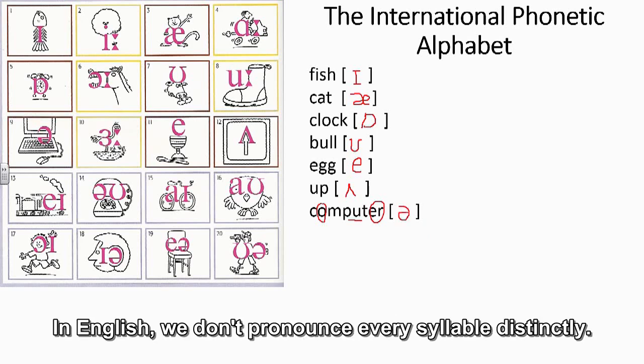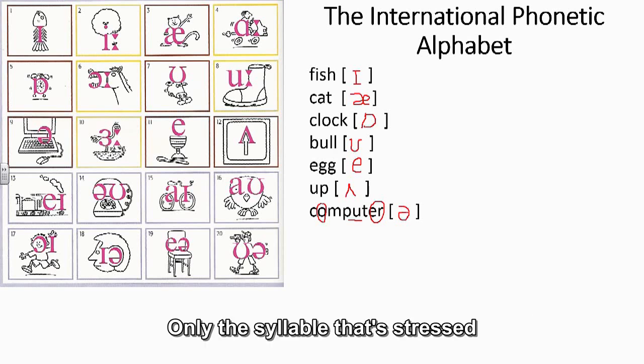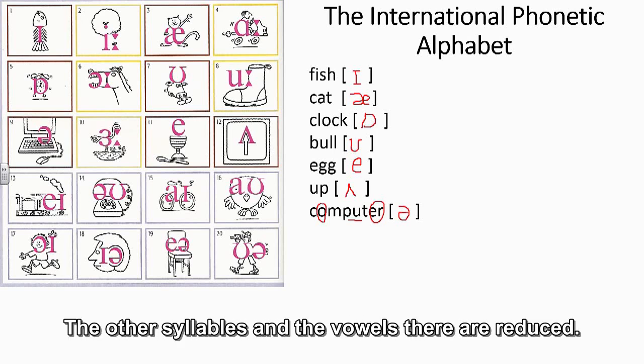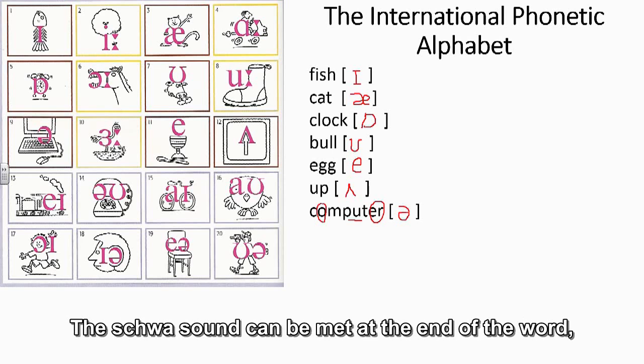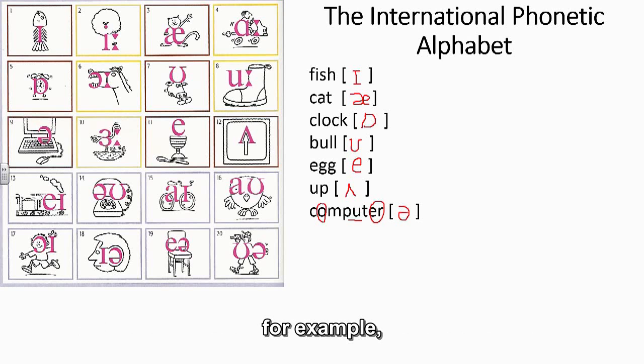In English, we don't pronounce every syllable distinctly. Only the syllable that is stressed is pronounced in a distinct way. The other syllables and the vowels there are reduced. The schwa sound can be made at the end of the word, for example, in computer, brother, sister, paper, etc., or at the beginning of the word or in the middle.